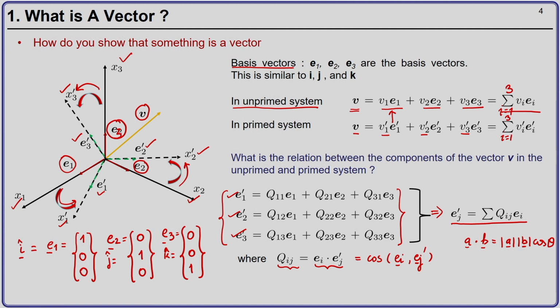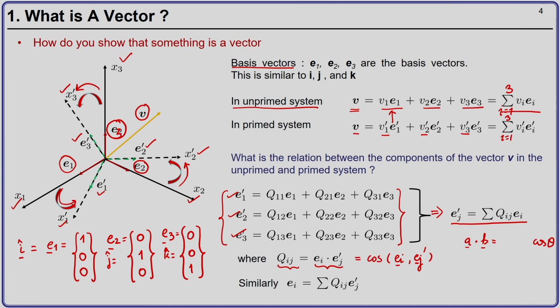Now, if A and B are both unit vectors, the magnitude of both the vectors will be equal to 1, and then cos theta is A dot B. So, Ei dot Ej dash is nothing but the cos of the angle between the basis vectors Ei and Ej dash. Similarly, you can turn this expression the other way around.